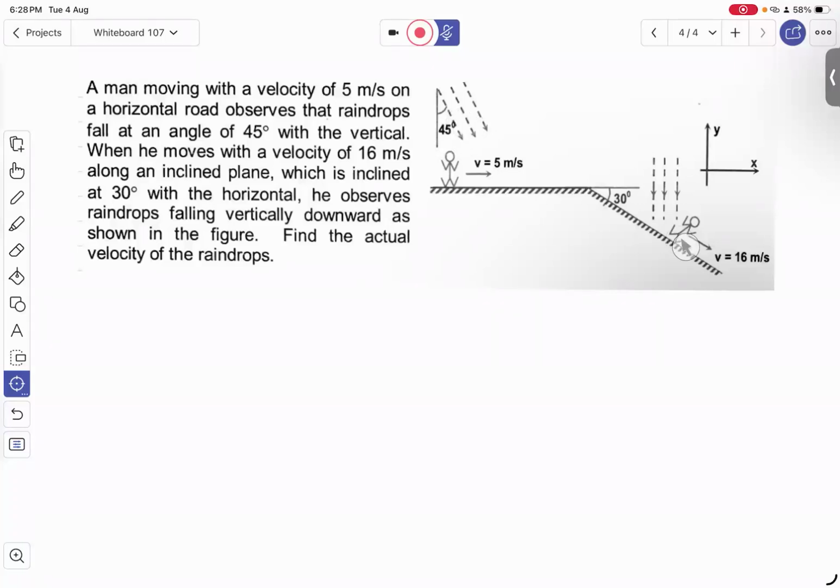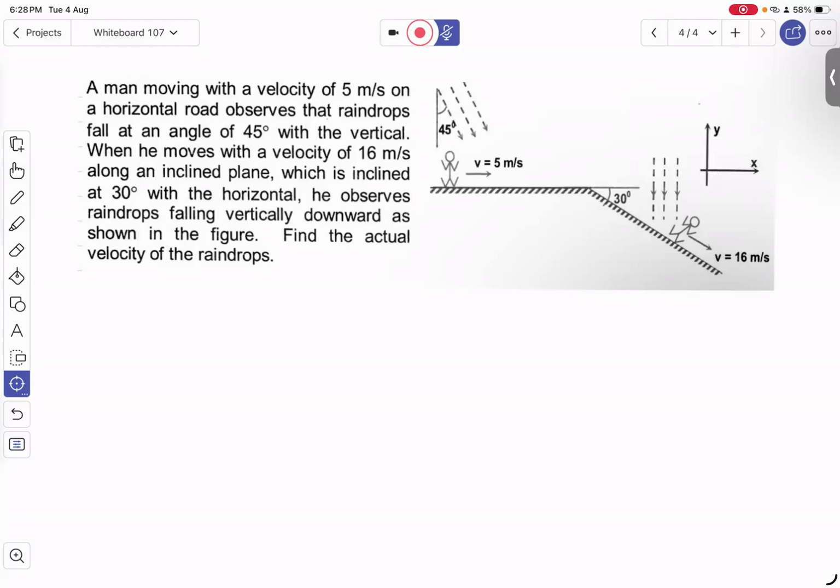But when he is running down this inclined plane with velocity 16 meters per second, he finds the raindrop falling vertically. So find the velocity of the rain with respect to the man, and consider this as x and this as y to report the answer in terms of the x and y components.